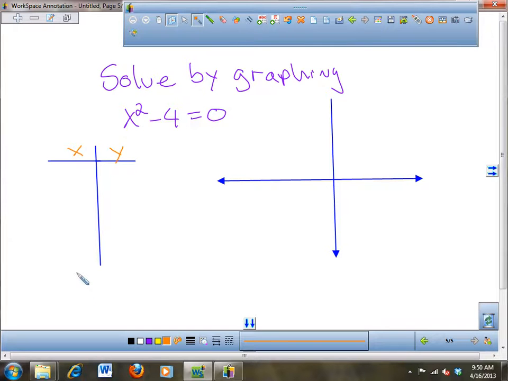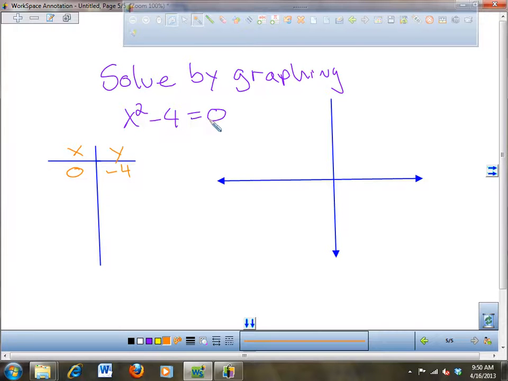Well, the easiest point to pick on this graph is x is 0. When x is 0, I think you guys could do this in your head. When x is 0, what's y? Can anyone tell me? Negative 4. Does everyone see where the negative 4 comes from? 0 squared minus 4.